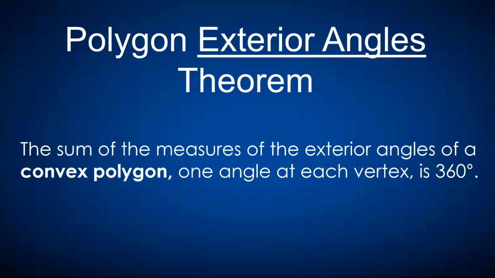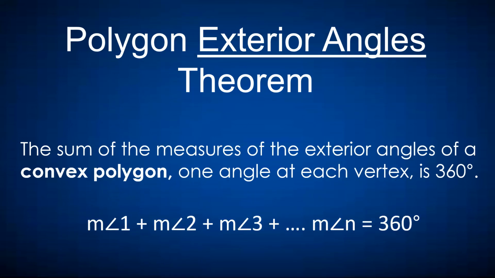So, the sum of the measures of the exterior angles of a convex polygon, one angle at each vertex, is 360. So, mas madali itong formula ng exterior angles theorem dahil always daw na equal sa 360 yung sum ng exterior angles, one angle at each vertex. So, i-add mo lang yung mga angles and then i-equate mo sa 360.